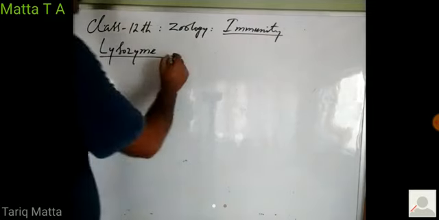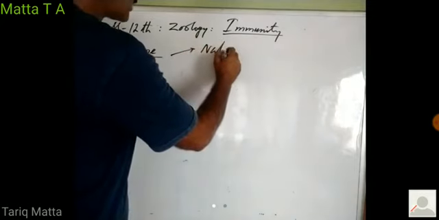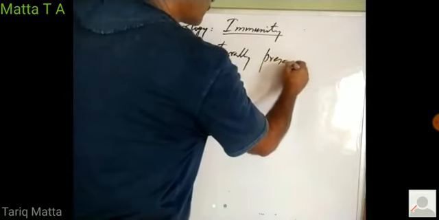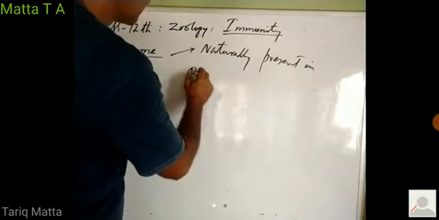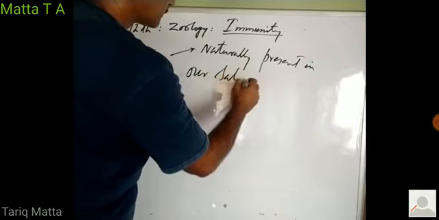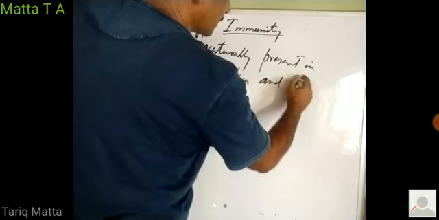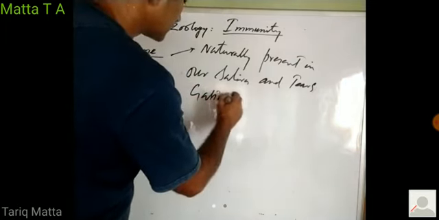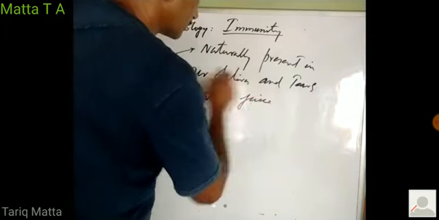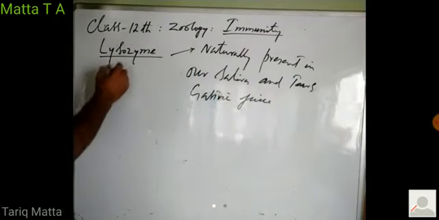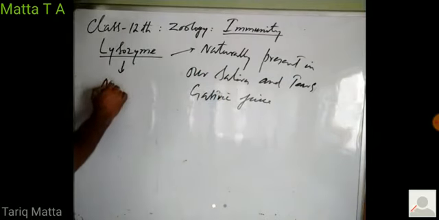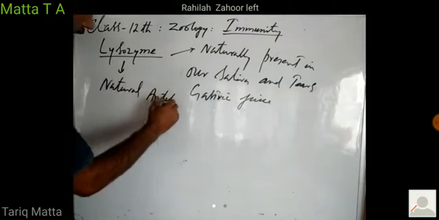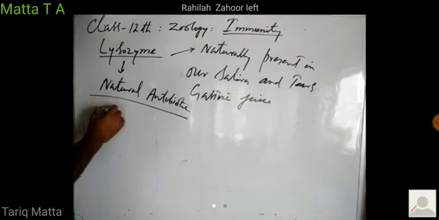This lysozyme is naturally present in our saliva and tears. It is even present in gastric juice. This lysozyme is known as a natural antibiotic. So it kills bacteria.